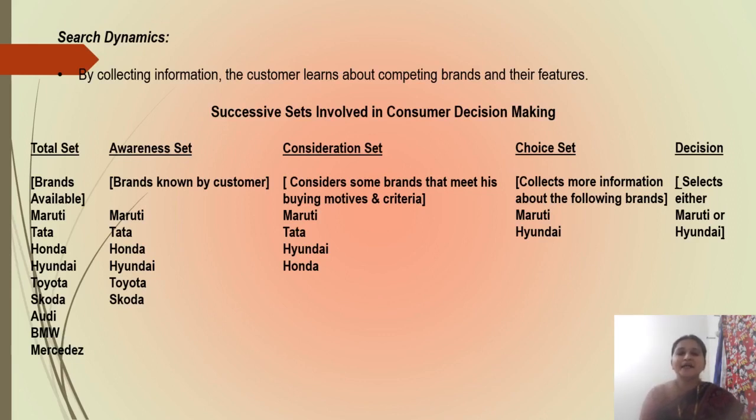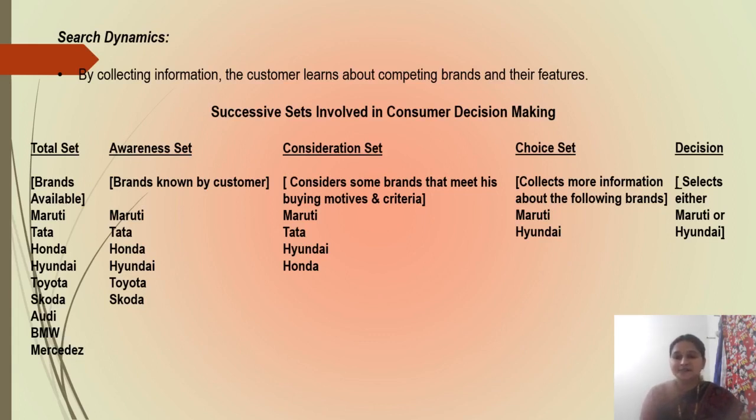The third one, consideration set. Here the individual considers only some brands that meet his buying motives and criteria. If his motives are comfort and safety, then accordingly he will select a few brands from the awareness set into the consideration set. So he has selected Maruti, Tata, Hyundai and Honda in the consideration set for evaluation.